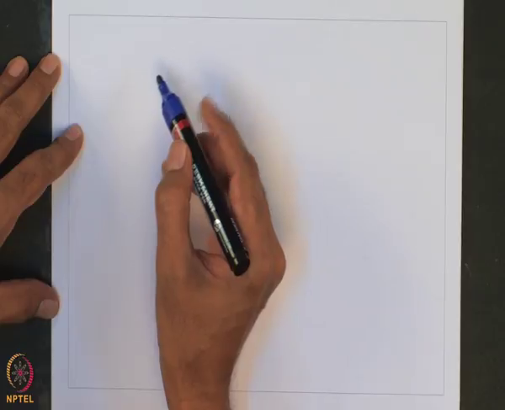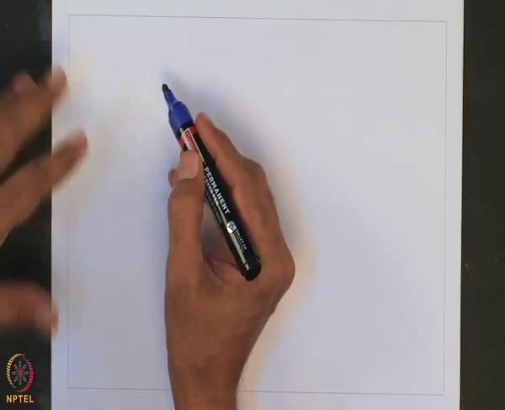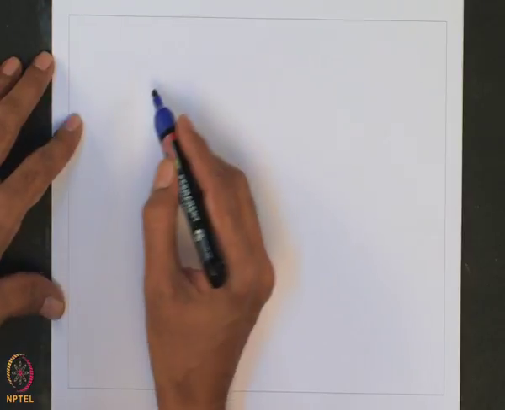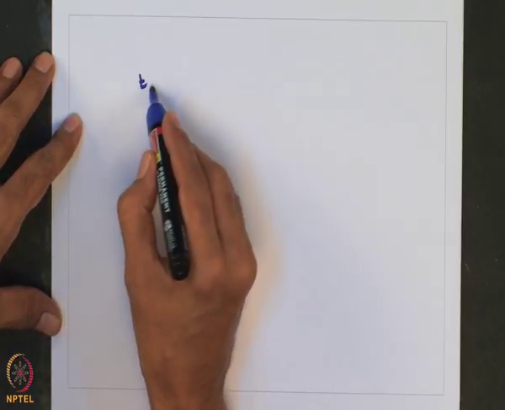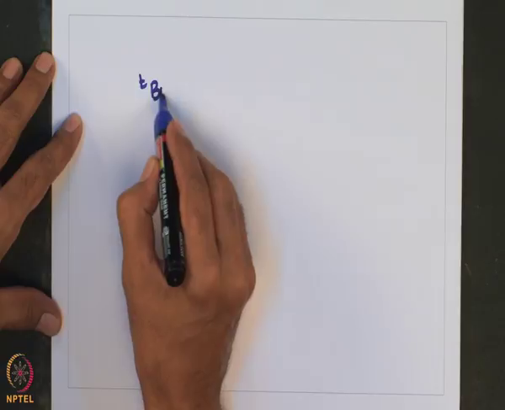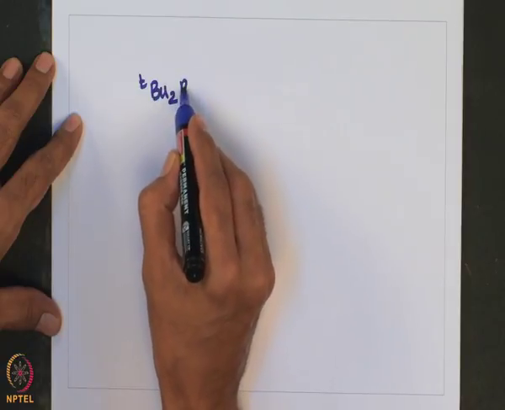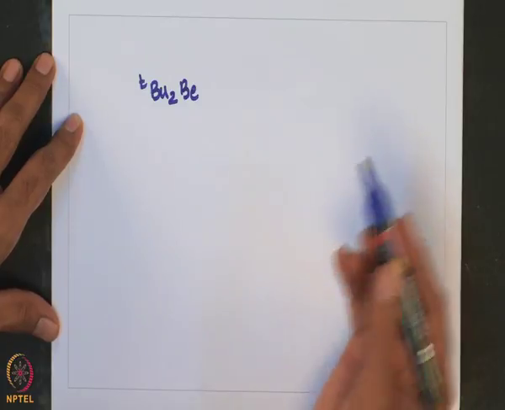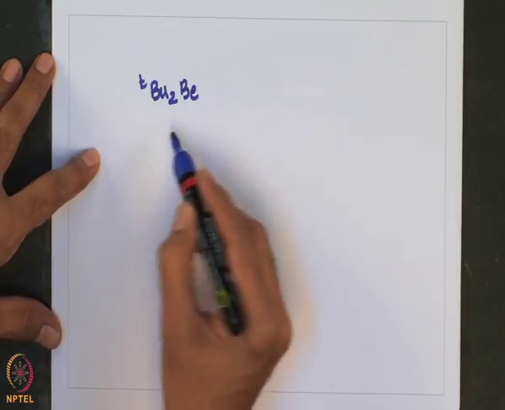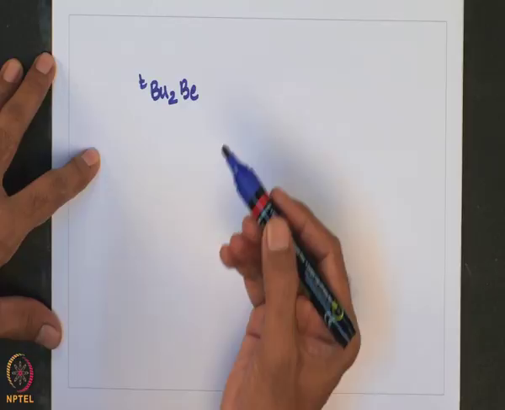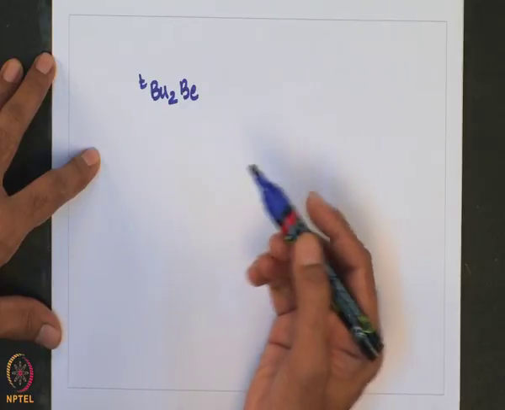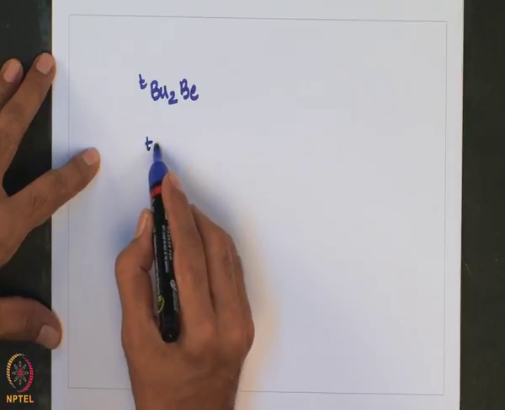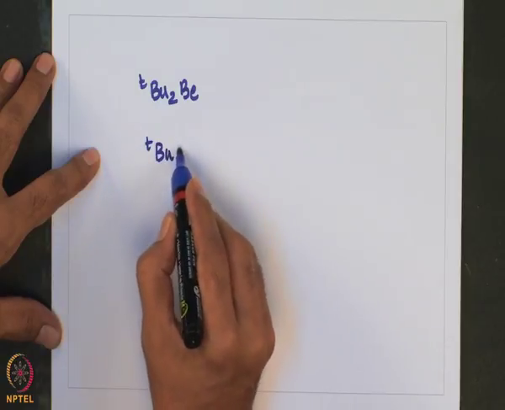Pure beryllium hydride can be prepared starting from ditertiary butyl beryllium using the beta hydrogen elimination method. For example, here let me show the formation of one beryllium hydrogen bond; the same can be repeated with the other one. Let me write in this fashion.